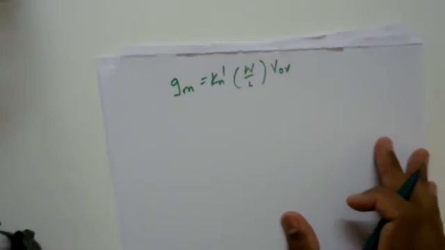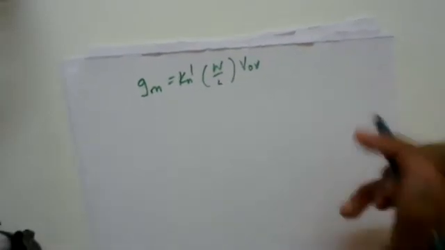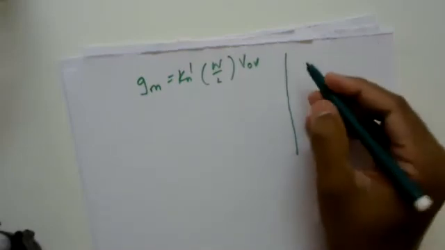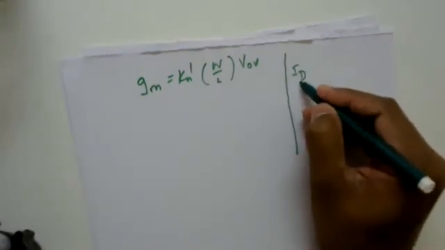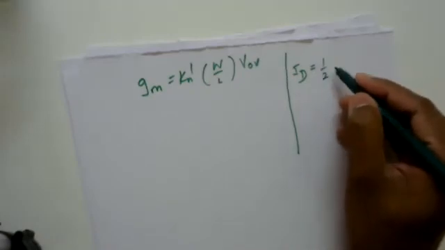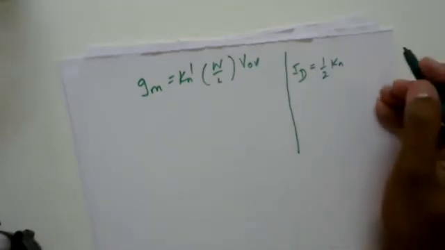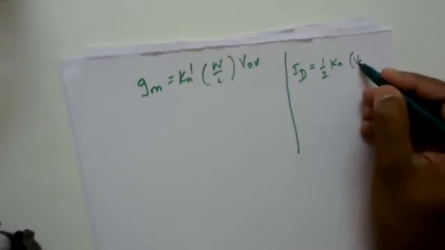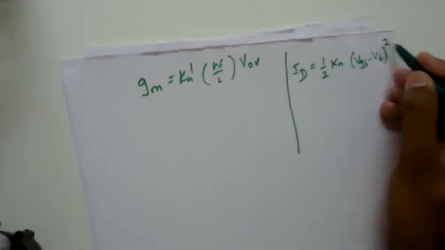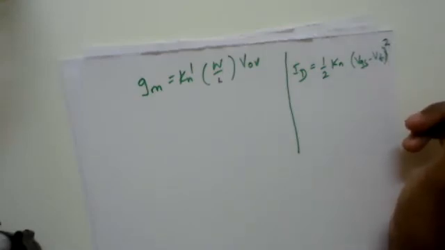So I hope you know the equation of a drain current, right? You know that your drain current can be defined as ID is equal to 1 by 2 times Kn into VGS minus VT the whole square. Agreed?